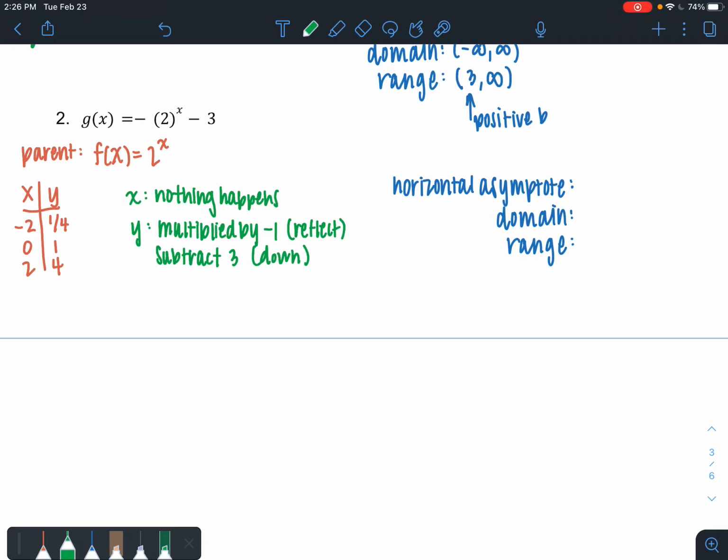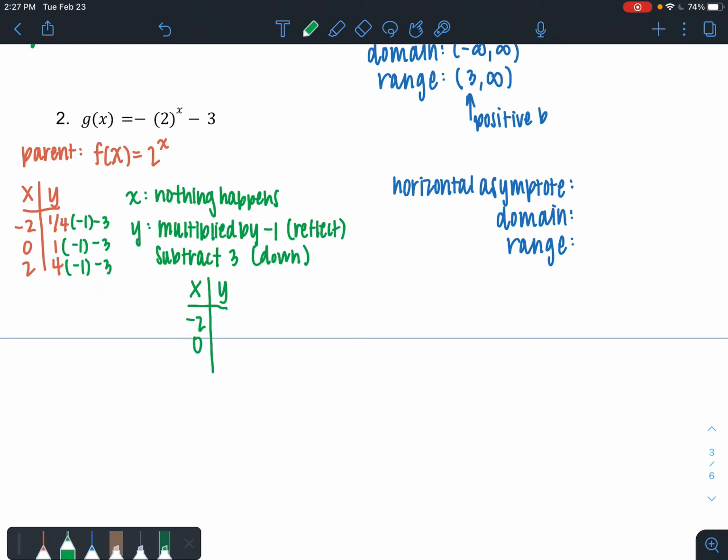Okay, and so let's talk about these values. Our x values, nothing's happening, but for these y values we're multiplying by -1, and then also subtracting 3.